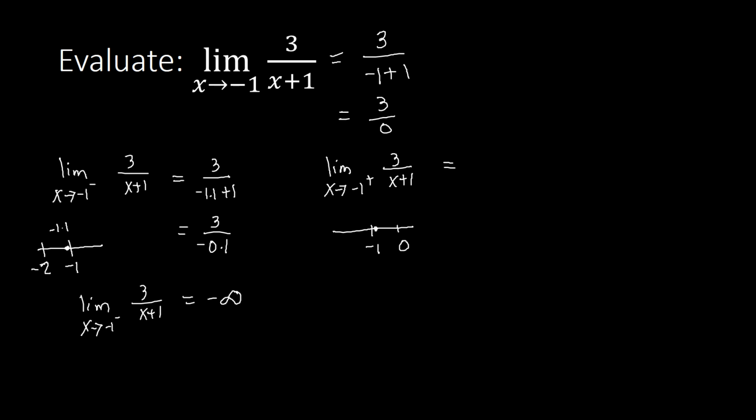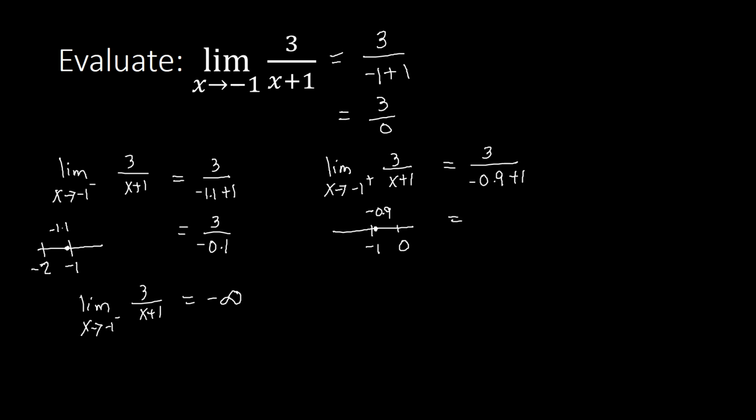So a number closer to negative 1 might be negative 0.9, negative 0.99, or negative 0.999. We're just testing the sign of our denominator once we substitute that value. So this will be 3 over negative 0.9 plus 1.